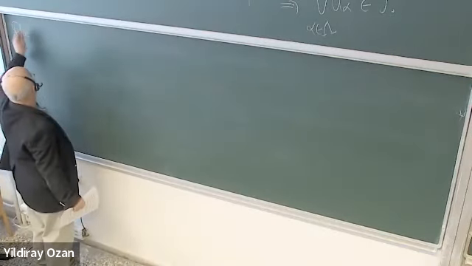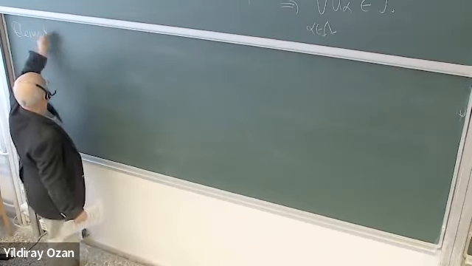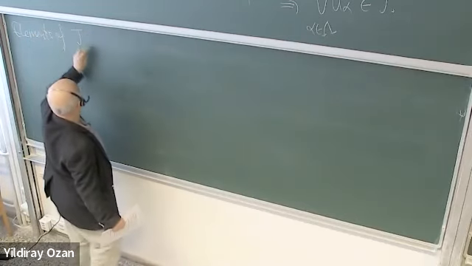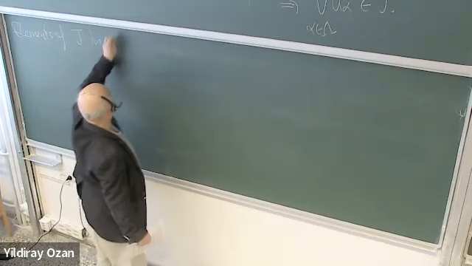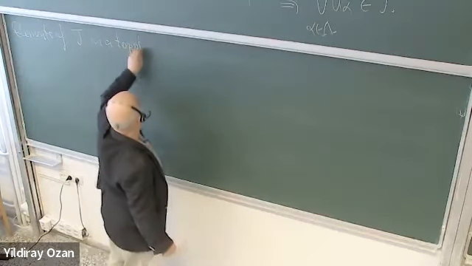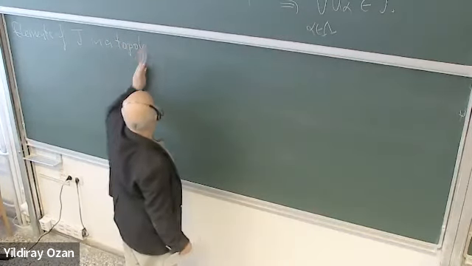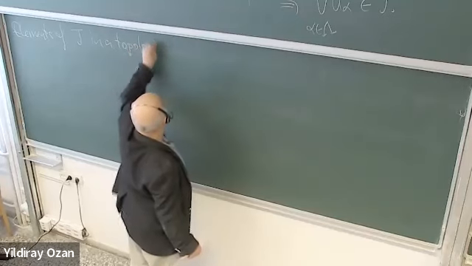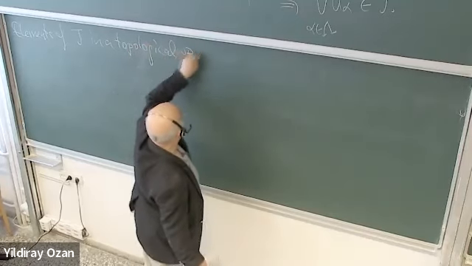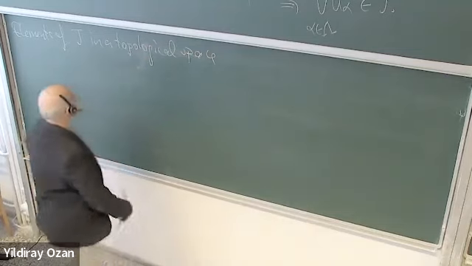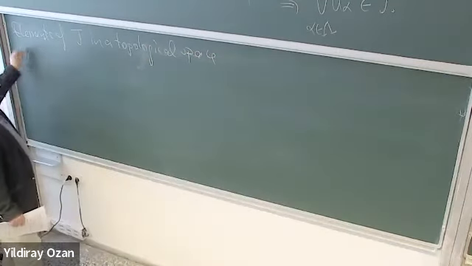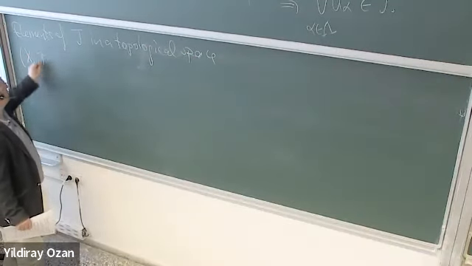Elements of tau in a topological space. What is the topological space? The set with this collection, okay?